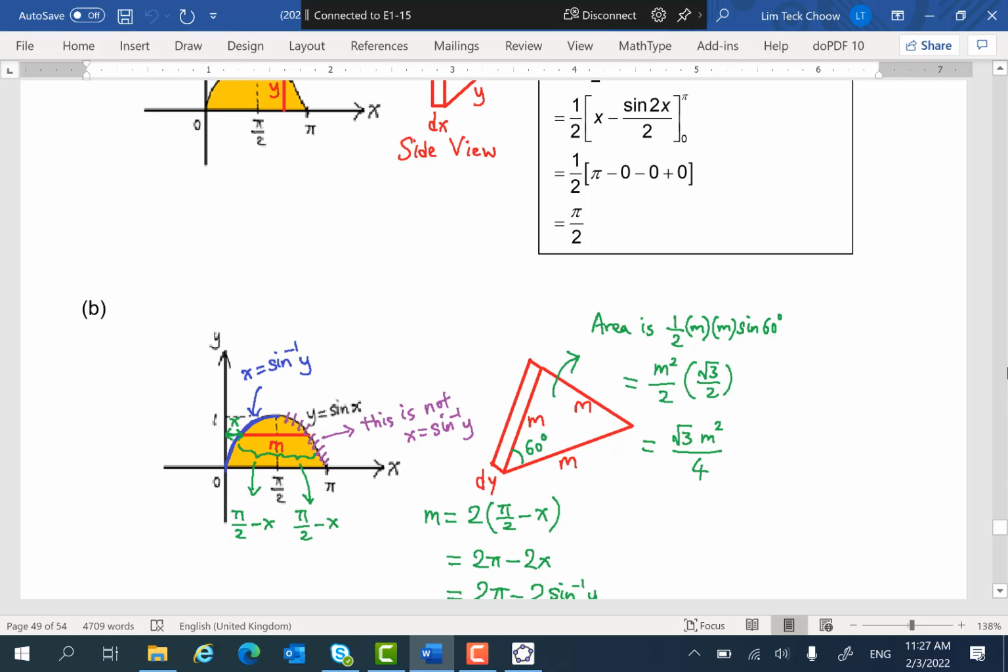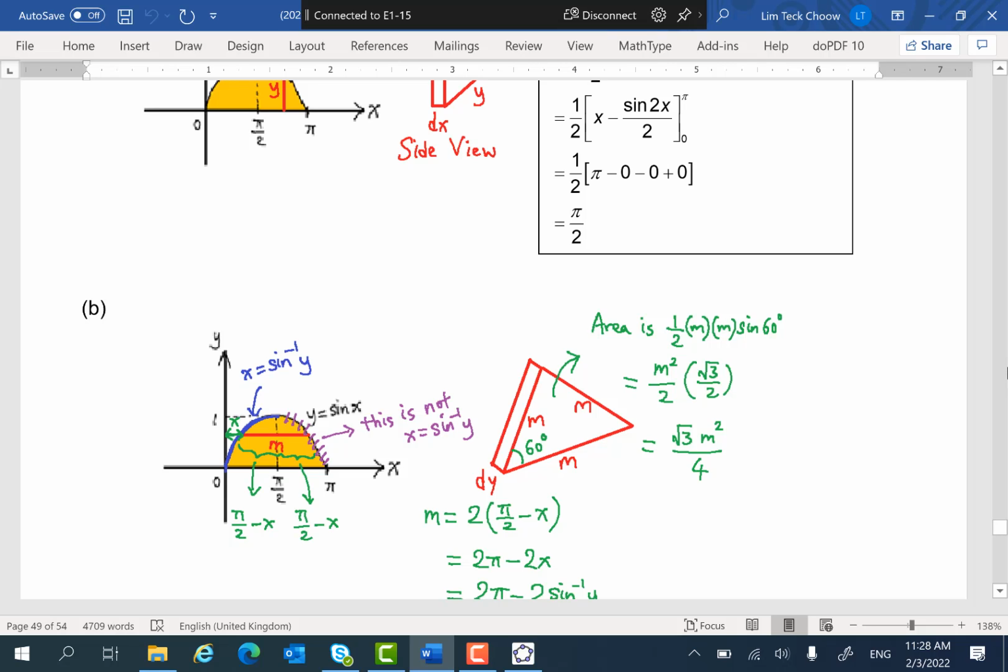So if you look carefully, this will give me the area of the so-called triangle. And then you give a small thickness, delta y. So altogether, the volume of this triangular slab will be equal to the area of the triangle times delta y.